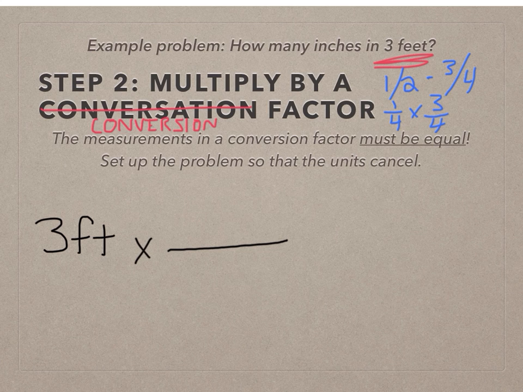And I'm going to talk this out so you can hear it. I am trying to get rid of the unit feet. To do that mathematically, I'm going to put feet on the bottom of the fraction. Do you recognize that that cancels? I'm converting from feet to inches.